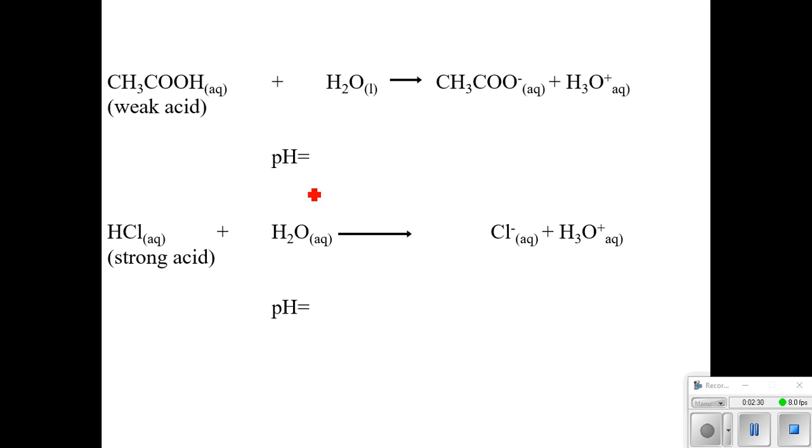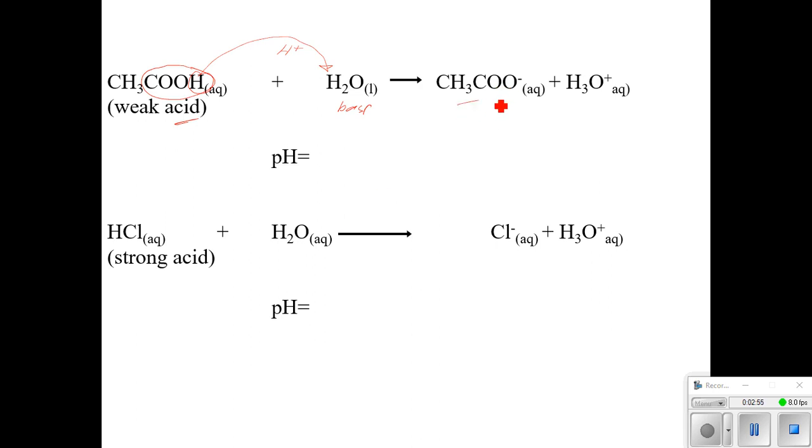I do have right here our carboxylic acid. Again, the COOH is the indication that it is going to be an acid. This is the proton here that's going to be donated to the water, and that's what makes the water, in this case, the base, and the acetic acid the acid.